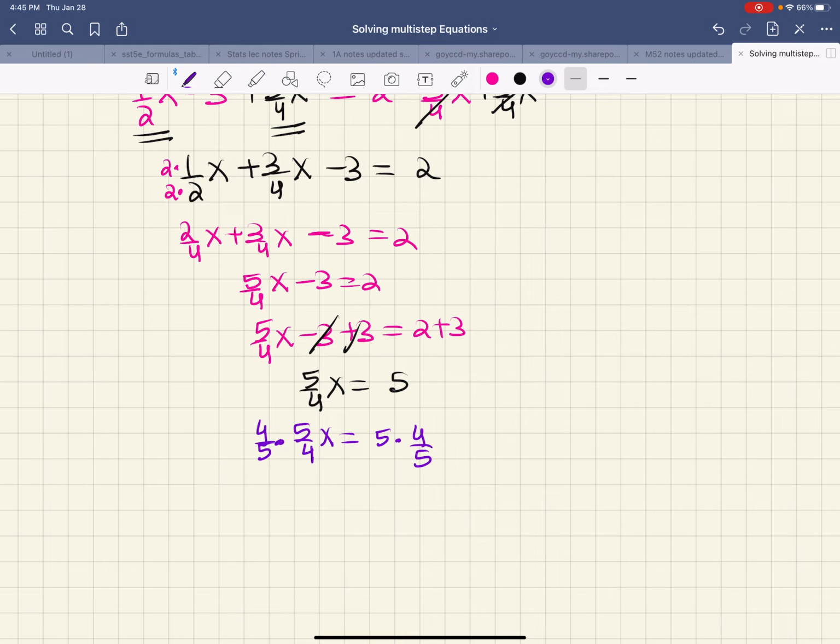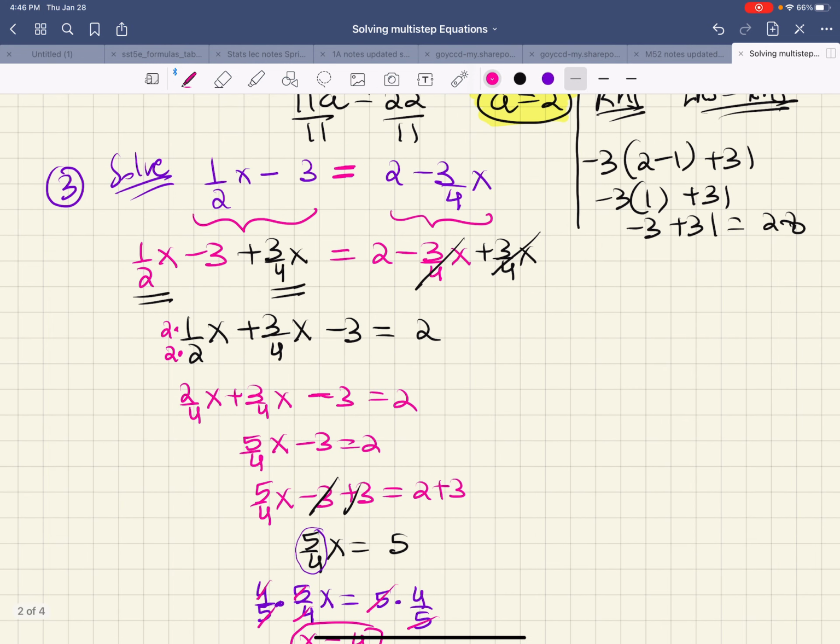You're not changing the equation at all, because you're still keeping it balanced on the scale. You're doing the same thing on both sides. So I'm multiplying both sides with the reciprocal of the coefficient of the variable to get rid of that coefficient. Now 4/5 times 5/4 is 1, so that's just x equals 4, and x equals 4 is my solution.